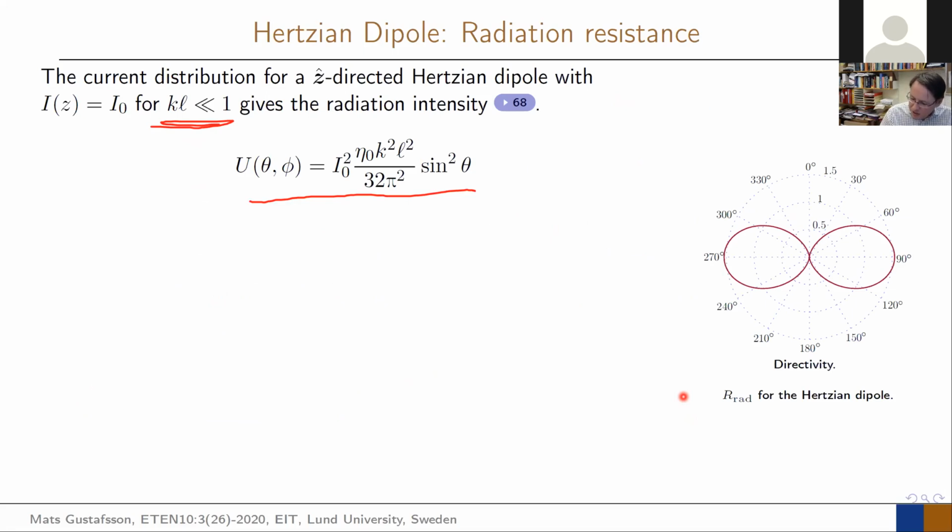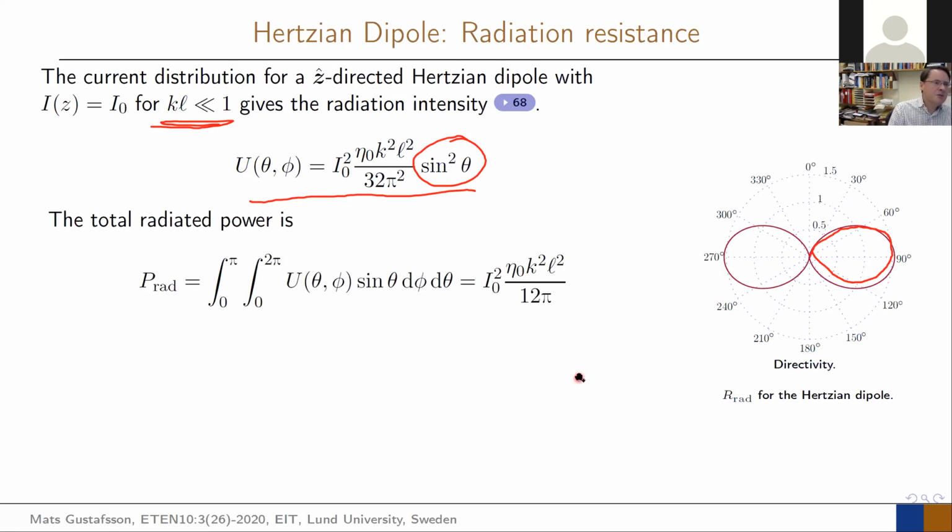You can see the radiation pattern here coming from this sine squared theta, which gives this donut shape. So the max radiation is at 90 degrees. That's where you have the maximum radiation. And now we should compute the total radiated power, which means that we should integrate all the radiation intensity over the sphere.